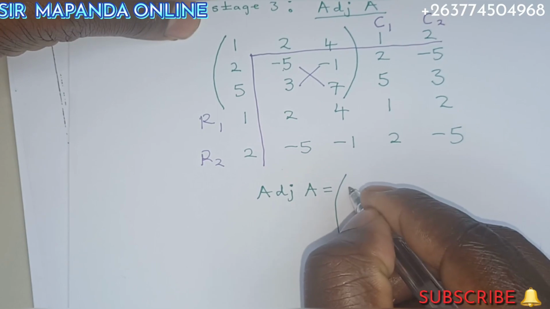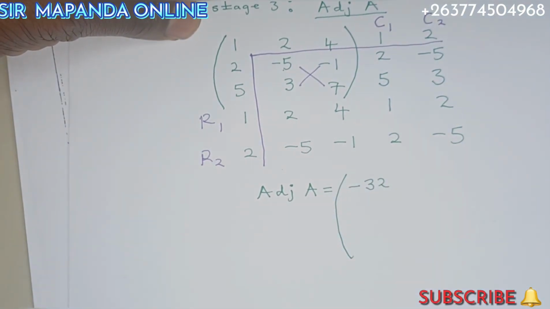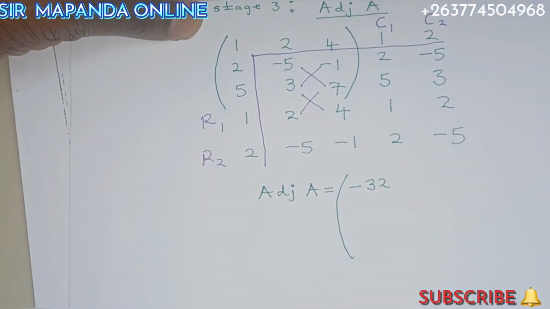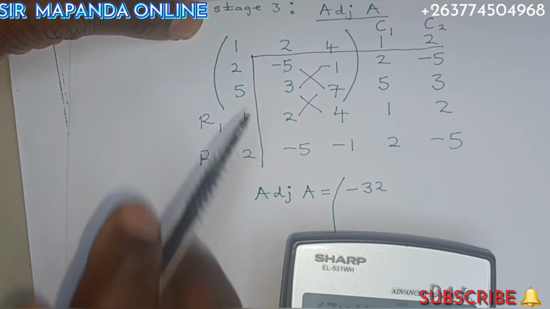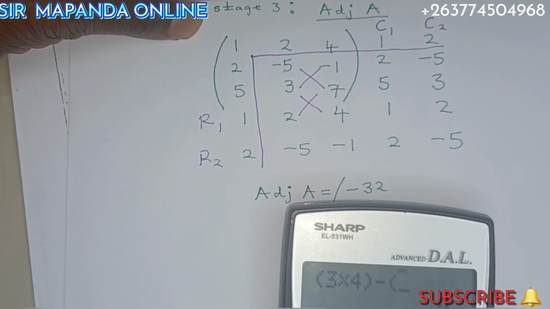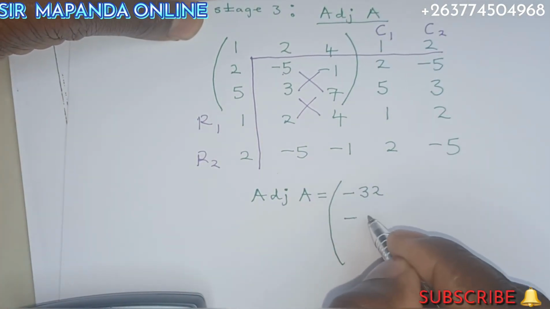So I'm going to put minus 32. Then we move on to the second matrix, which is 3, 7, 2, and 4. So you are simply saying 3 times 4, the product of the first diagonal, minus 2 times 7. You get minus 2. So we are going to write minus 2 here.